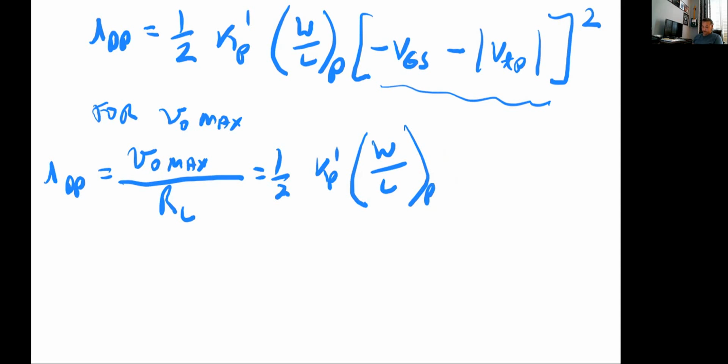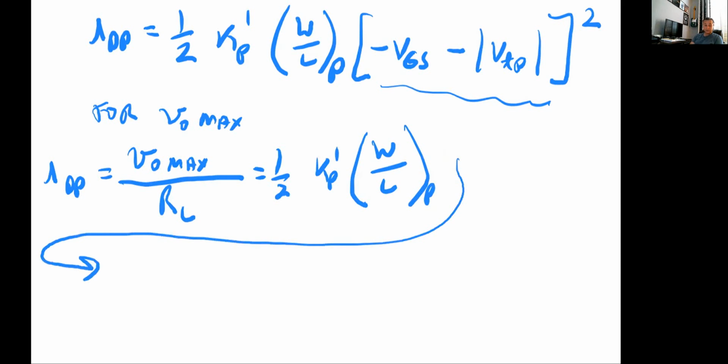So if I use the voltage that I wrote in the previous drawing, what goes here is this, because I need to put it in quantities that I have, and at the same time find the value of VO max.